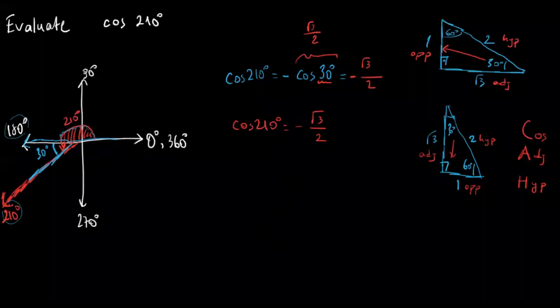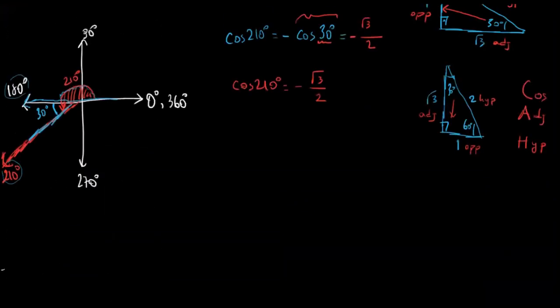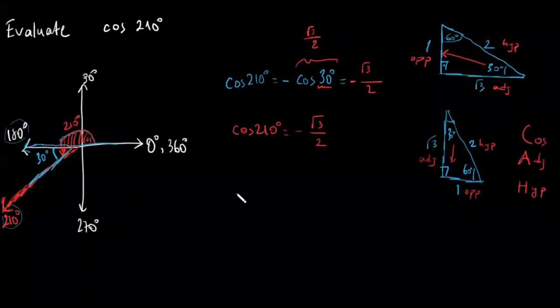So I'm going to do this example now. But let me remind you another way of remembering these cosine values. If you remember, we had the table method. What was the table method? Let's remember.